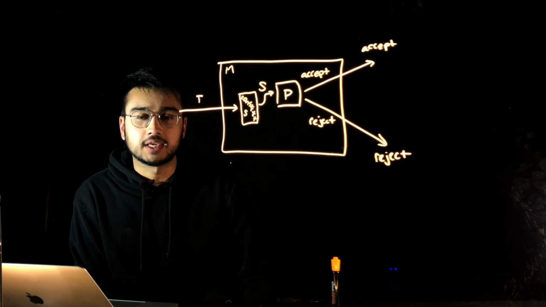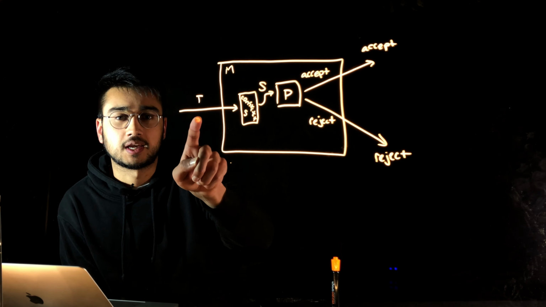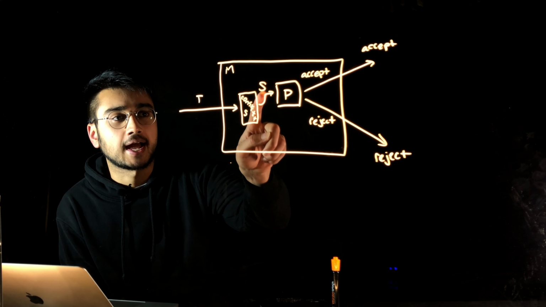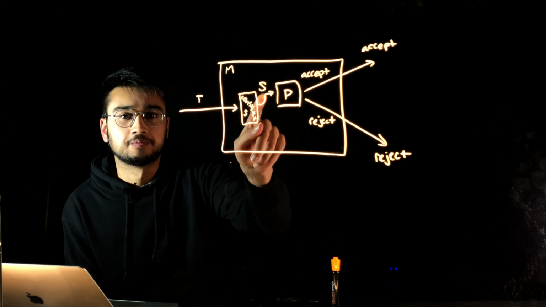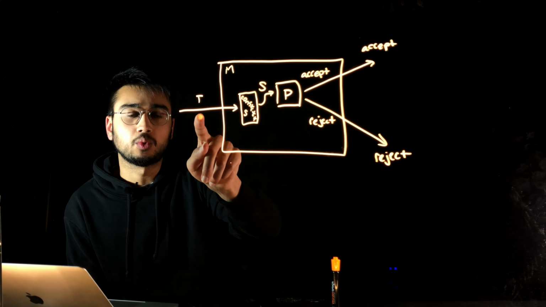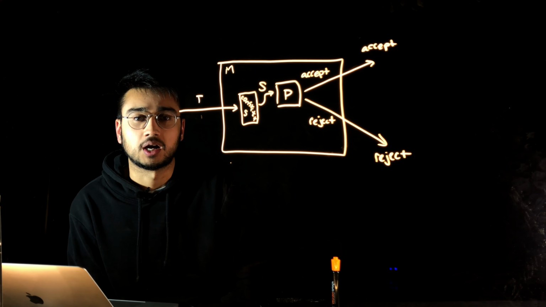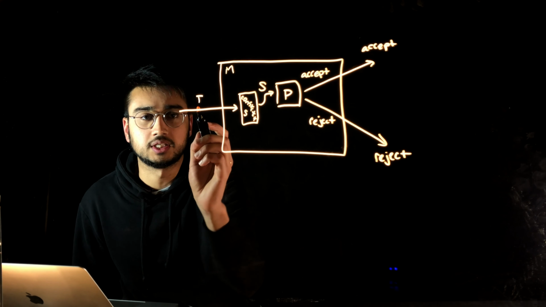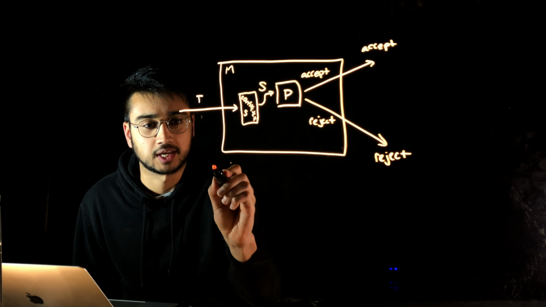M is going to take in as input a Turing machine T, and as an intermediate step, create a new Turing machine called S. S is a Turing machine that simulates T with T as input for at most the size of T steps. So T is encoded in some way, and in the encoding, T has some size.